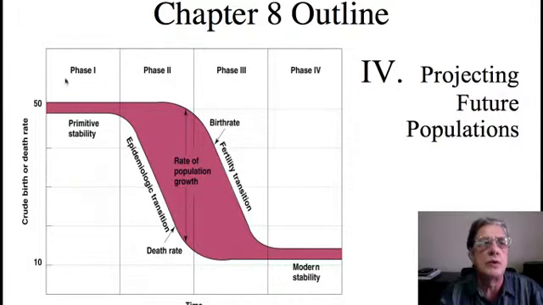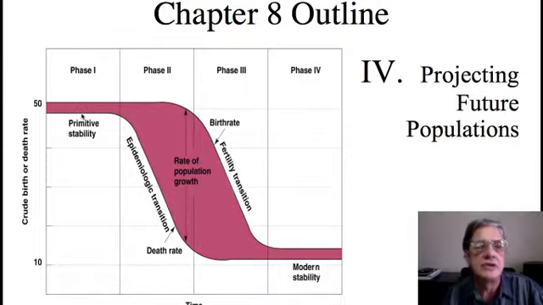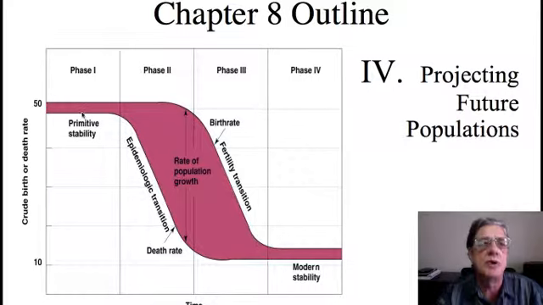We begin with what we call a primitive time, during which the birth rate of a population is almost offset by the death rate of a population. That is, as I said at the beginning of this chapter, people are dying almost as fast as they are being born. And the net population then is the difference between these two rates, which we see as relatively small.